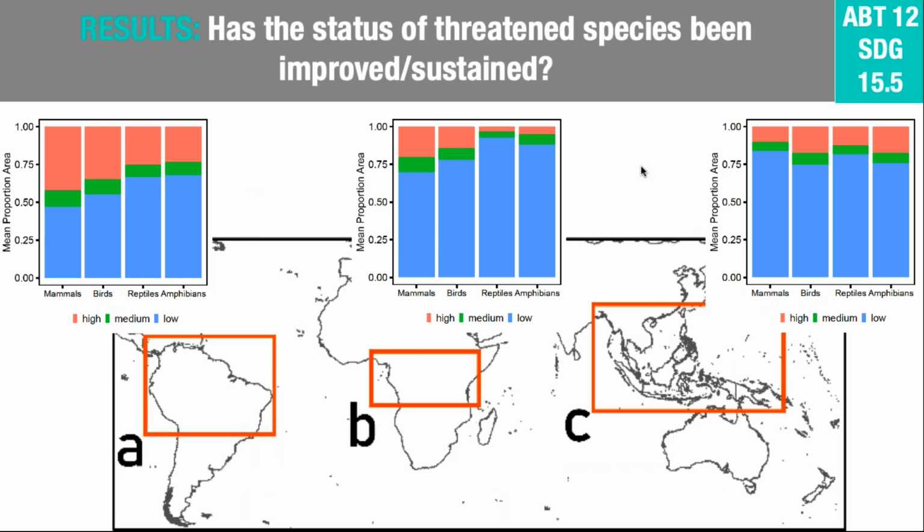So we did this for every species of mammal, bird, reptile, and amphibian. And just some brief results here show that across all of these four categories of taxa, South America, basically the Brazilian Amazon, has the highest amount of high integrity forest remaining for all of these four taxa, whereas comparatively speaking, the amount of high FSI forest in Africa and Asia is much lower.